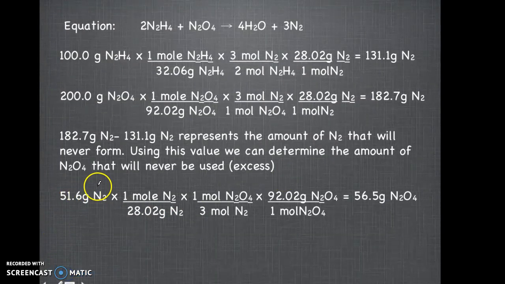We're using the 51.6 grams of N2. We got that from subtracting out these guys over here. So we had an A of the nitrogen product, and then the B we went to was the N2O4. So this is method number 1.